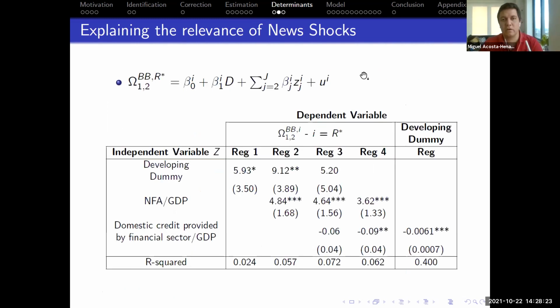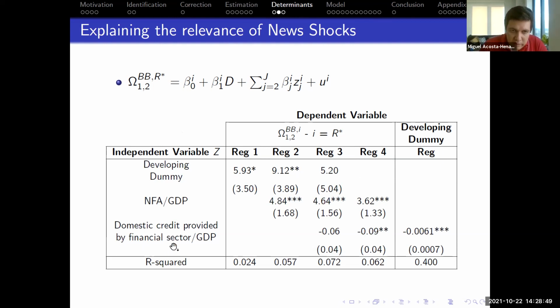What do we find here is that for the foreign interest rate, let's focus on regression 4. The higher the average net foreign asset position is, the higher the share of output variance explained by news shocks to foreign interest rate is.